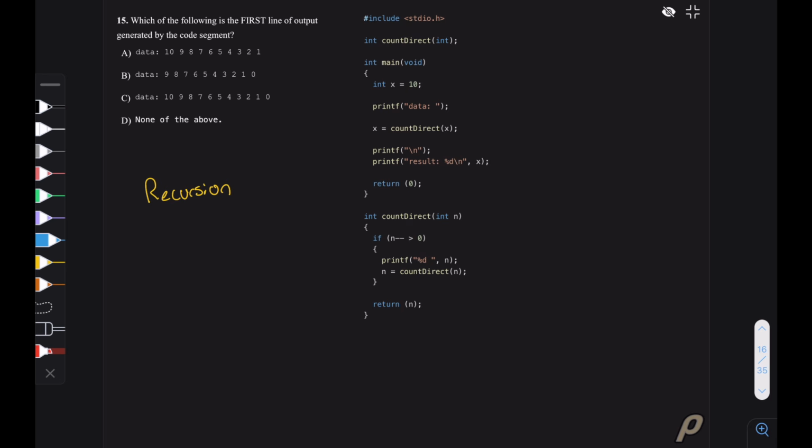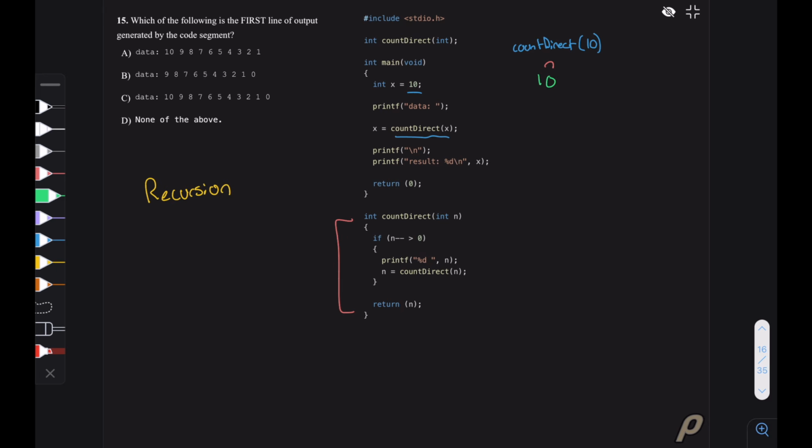The first thing that happens, we set x equal to 10, and then we call this count direct function. Anytime we're dealing with recursion, I always like to keep track of what we call and where we are on the timeline. So we call count direct of 10. Inside this function we have this n value, passed in as 10.